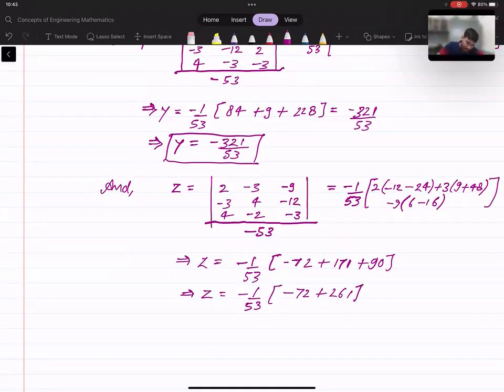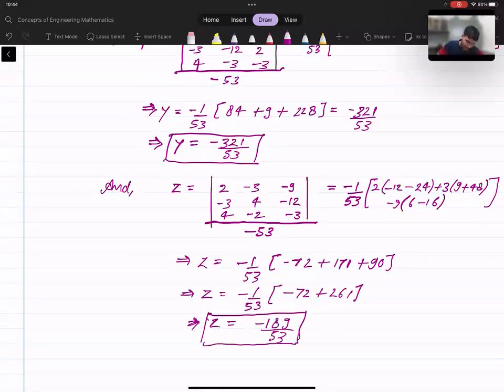And if we subtract 72 from it, what we get is minus 189 over 53. So this is the value of z.